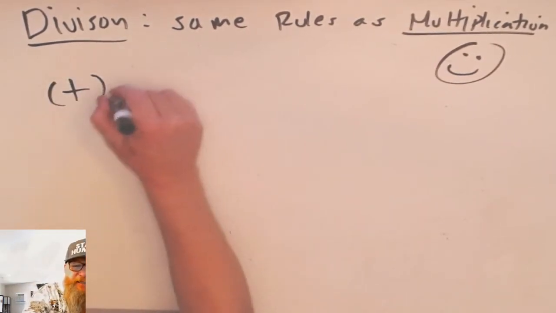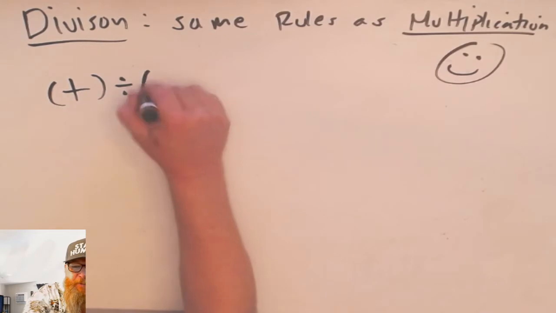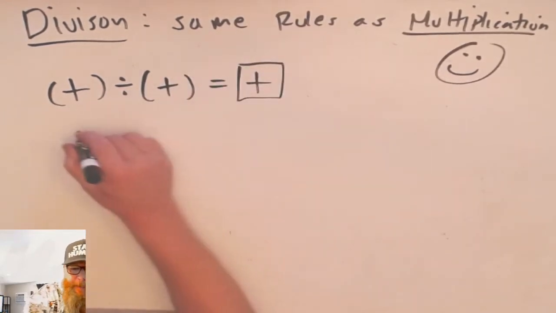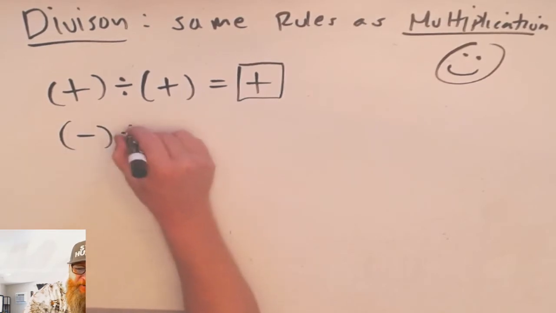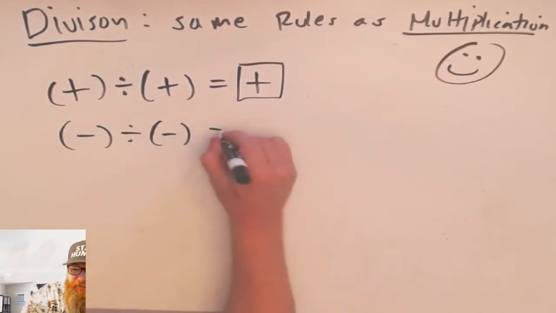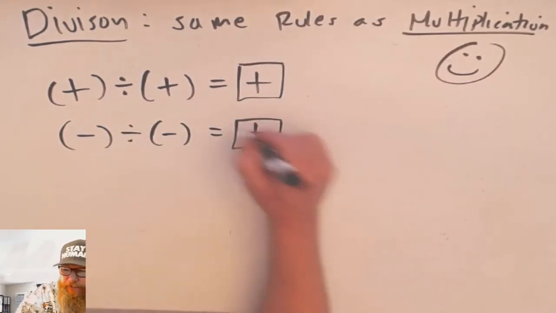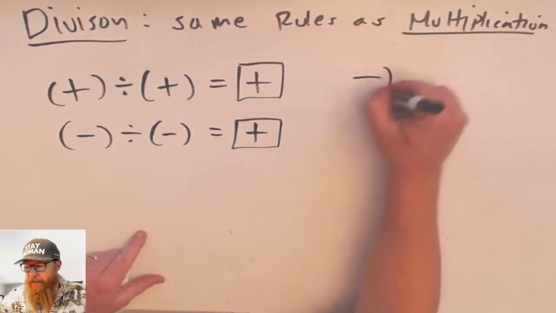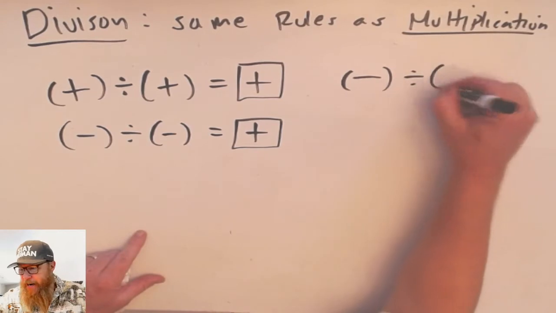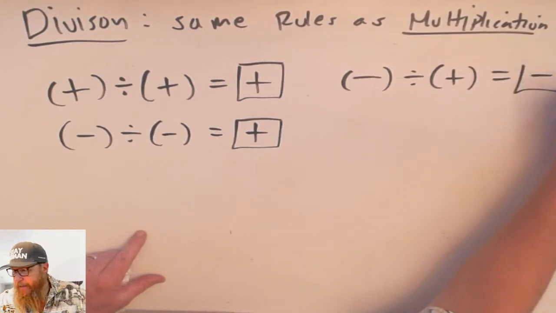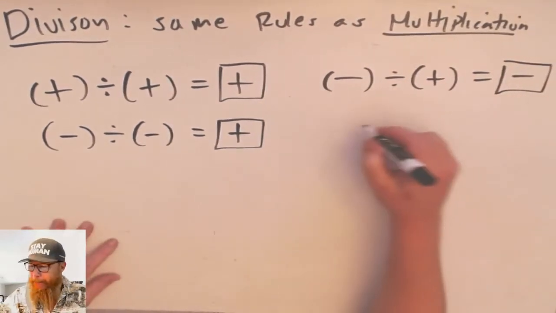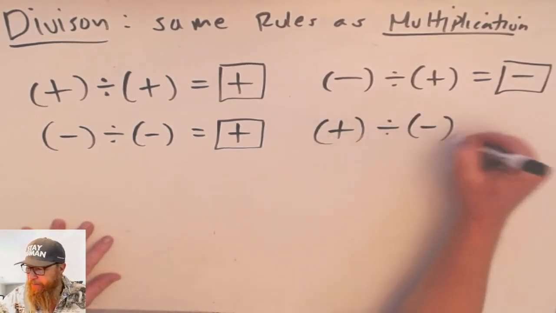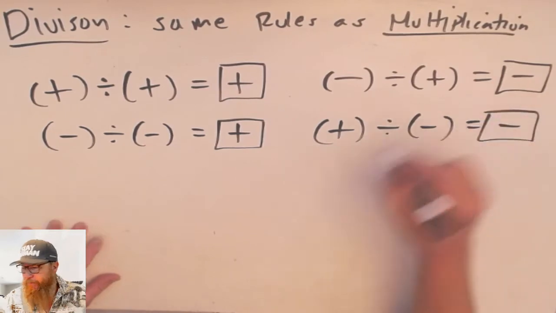A positive divided by a positive is a positive. A negative divided by a negative is a positive. A negative divided by a positive is a negative. A positive divided by a negative is a negative.